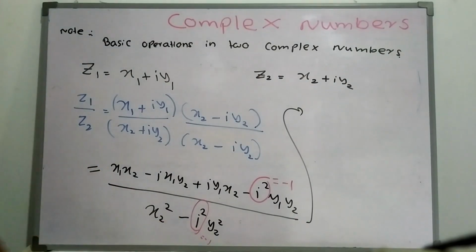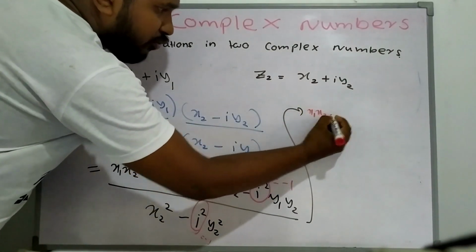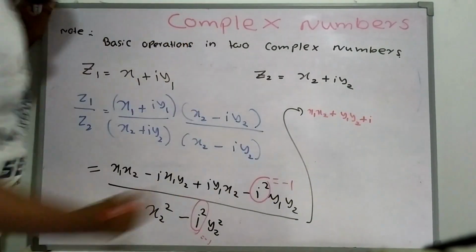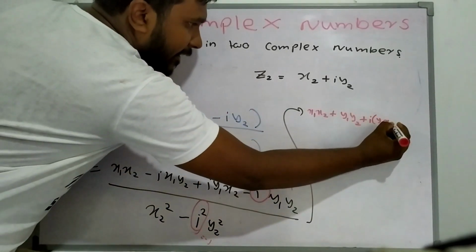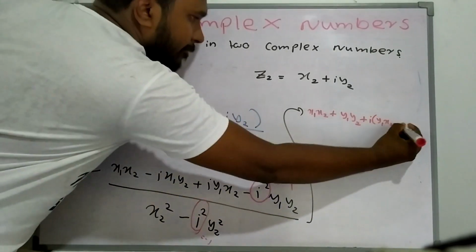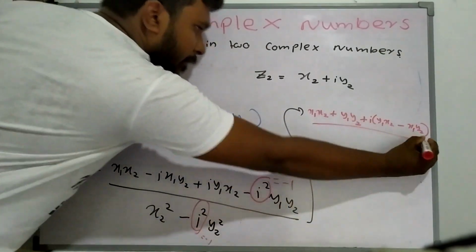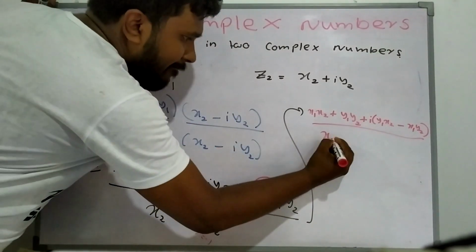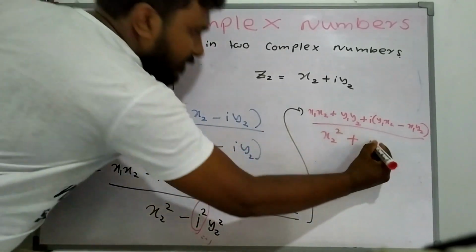Then the numerator is x1 x2 plus y1 y2 plus i times y1 x2 minus x1 y2. On the denominator we have x2 squared plus y2 squared.